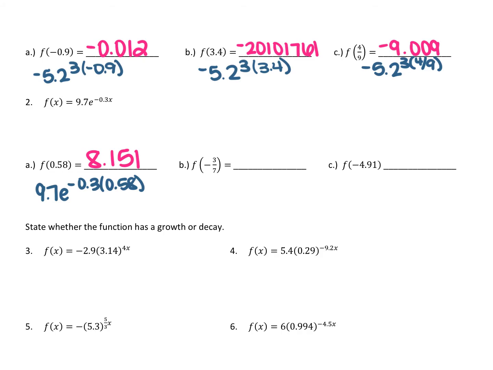For B, you're plugging in negative 3/7 for x, so it's going to be 9.7 times e to the power of negative 0.3 times negative 3/7. So again, use your calculator. And it's going to give you 11.031.